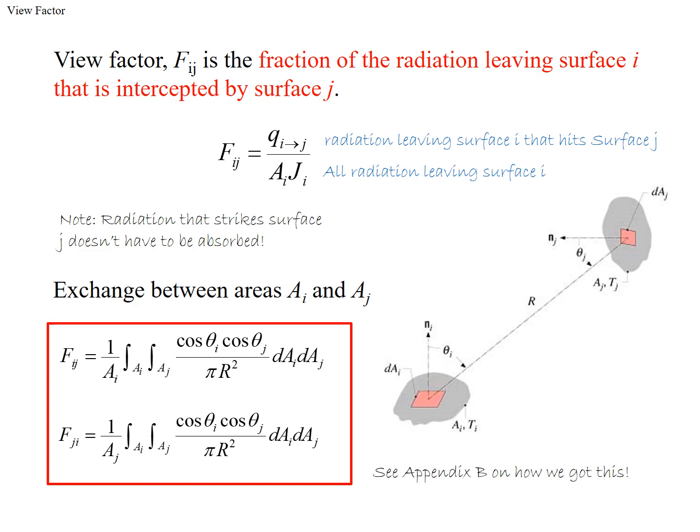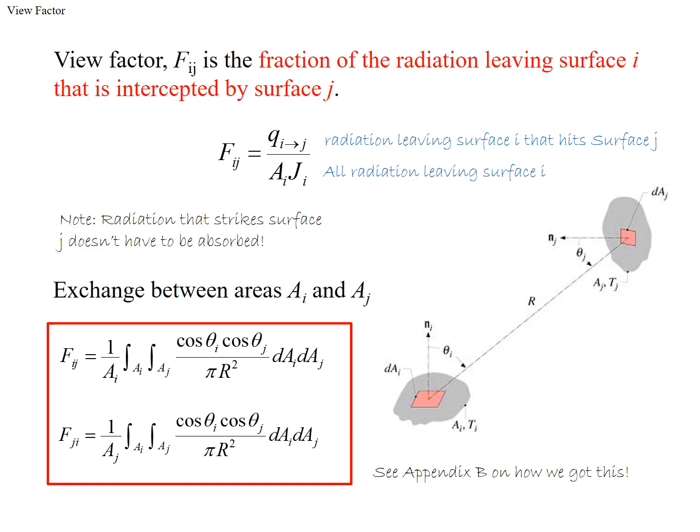It's a flux, so we have to multiply that by the area of the surface in order to actually get the total radiation in the form of power. So A_i J_i is the denominator of your relation. That's the total power that goes off of surface i, and then in the numerator, the part that is intercepted by area j is used. So we're basically saying Q_i→j is the part of radiation from i that is intercepted by j. This ratio, we're going to call F_ij.